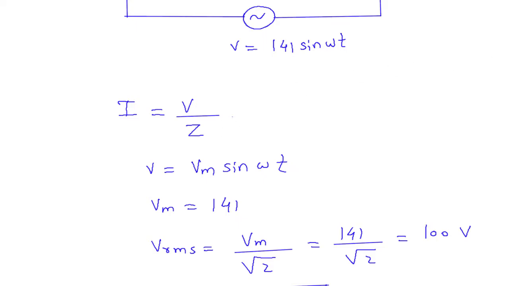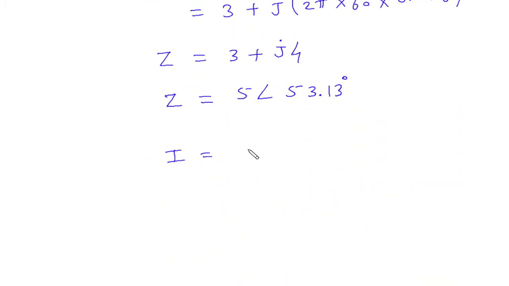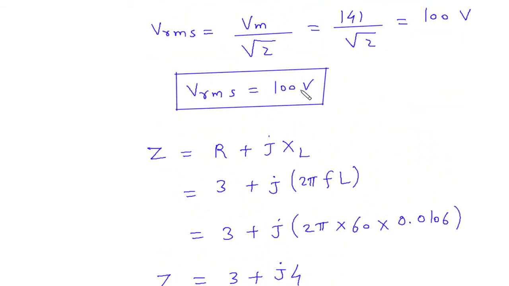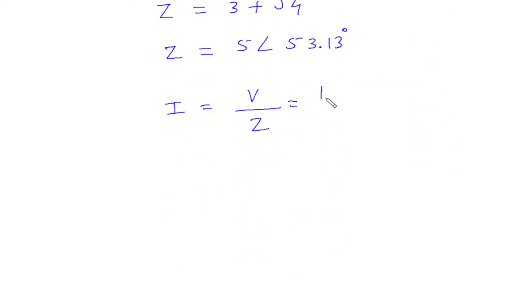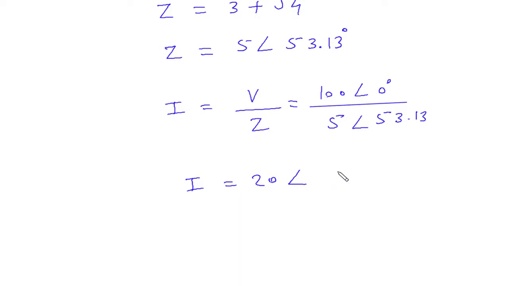So I is equal to V divided by Z. Vrms is 100 at an angle of 0 degree, divided by impedance Z, 5 at an angle of 53.13. If we simplify this, I is equal to 100 divided by 5, which is 20 at an angle of minus 53.13. So this is the RMS value of current.